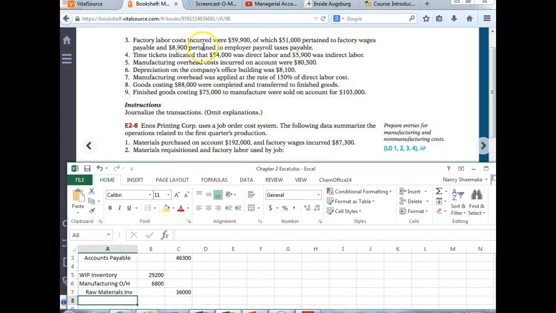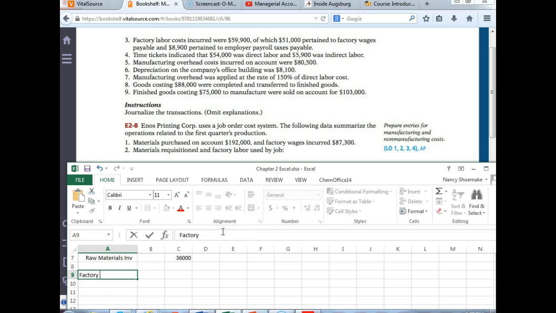Factory labor costs incurred were 59,900, of which 51,000 pertained to factory wages. What are we going to do there? We're going to put in factory labor of how much? 59,900, right?